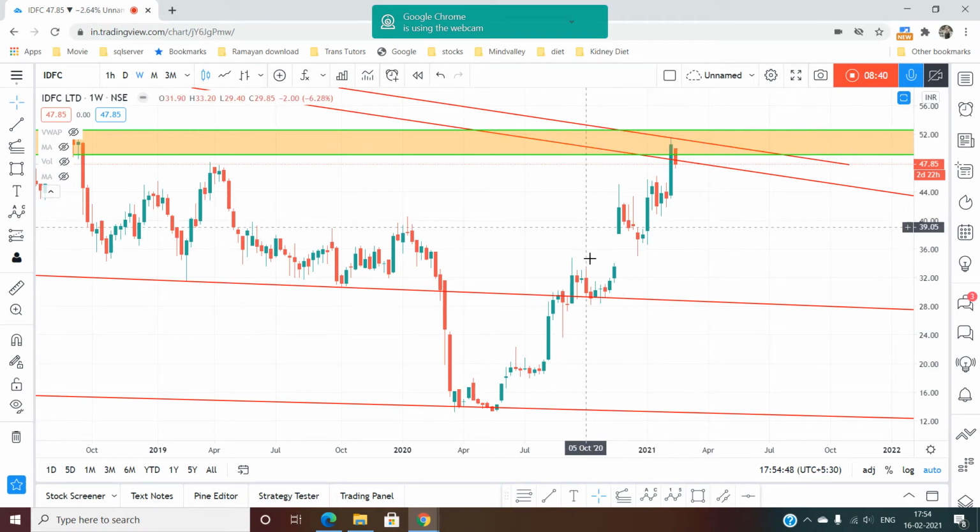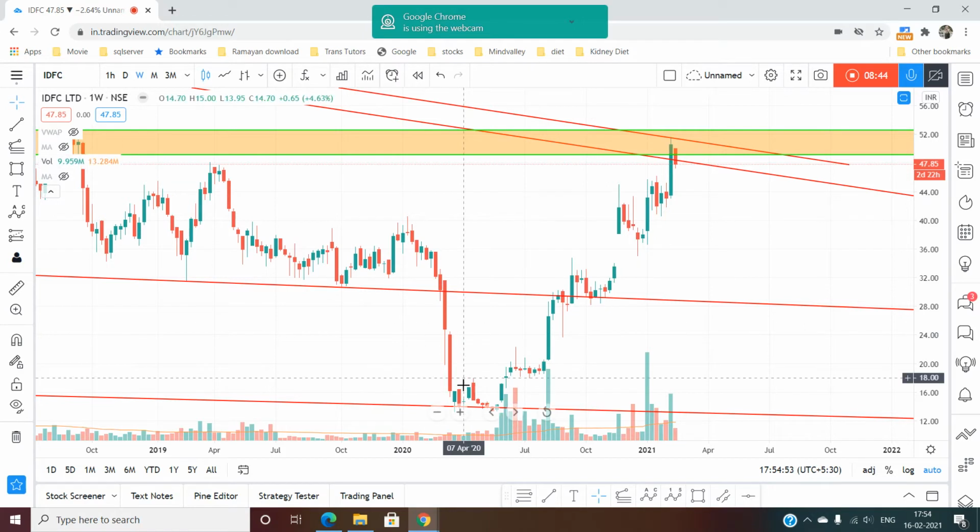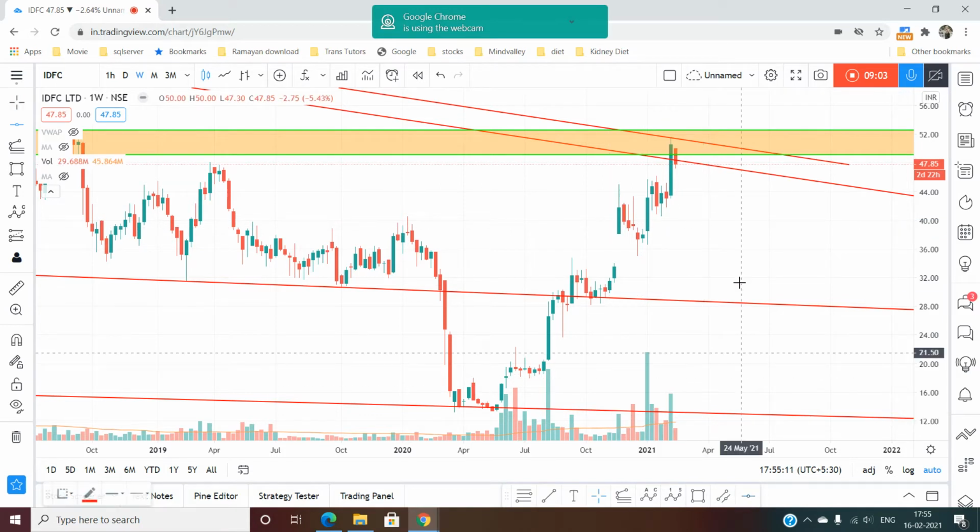So this is all about the price action. In the weekly chart, if you see the volume, you see huge towers in the green, in the blue volumes, and that says that demand is really high, and there's a high chance for it to break upside. Now, what should be the downward limit?